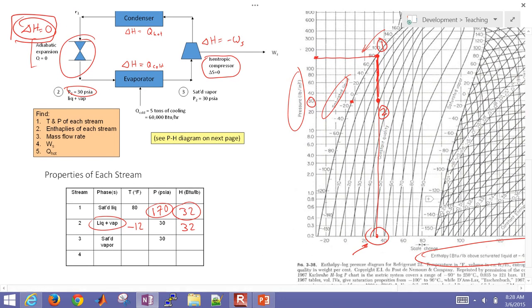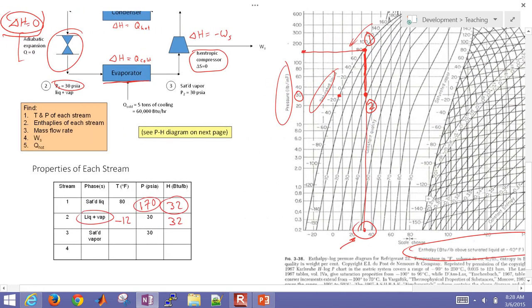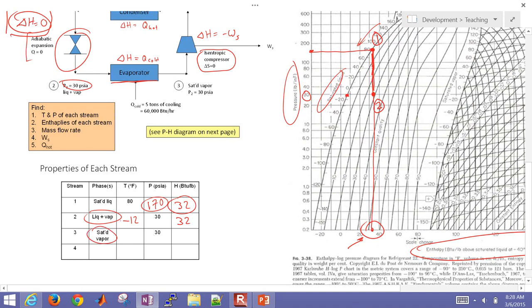And then we are going to evaporate this. We're going to extract the heat from whatever environment, an automobile interior, a home, a refrigerator. We're going to extract that heat and let this boil. So we're going to go to saturated vapor.